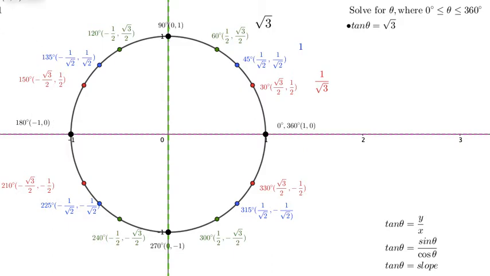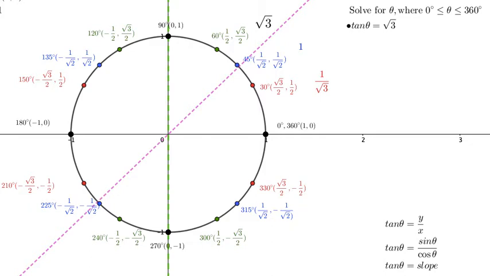Also, I just want to move this pink line right there. The tangent of 45, and also incidentally 225, what is the slope of that line? Well, what we see is our rise and our run is the same number, 1 over root 2.